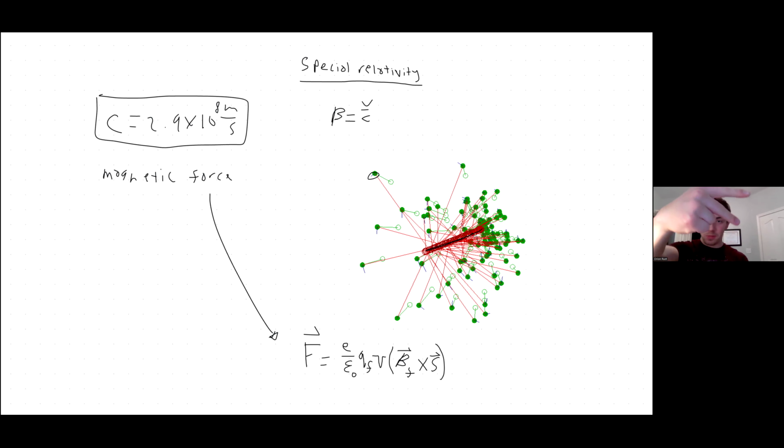If you can see my camera, we take the direction of our threads and the velocity of the particle. And wherever our thumb is going, if it's a positive charge, we use the right hand rule. If it's negative, we use the left hand rule. And wherever our thumb is pointed, that's going to be the direction where the stubs go.